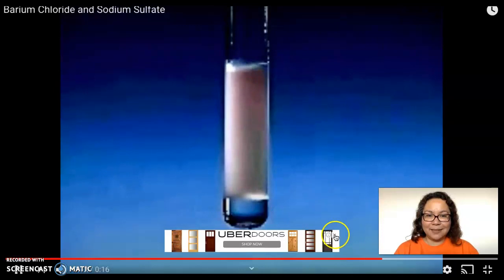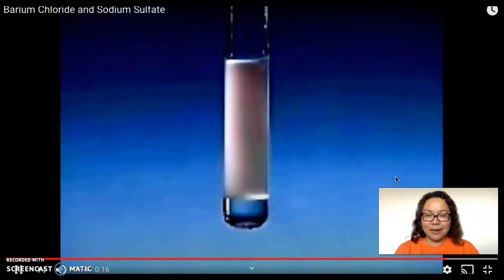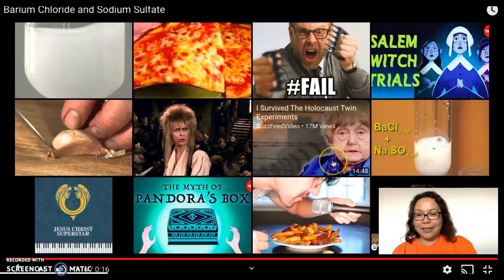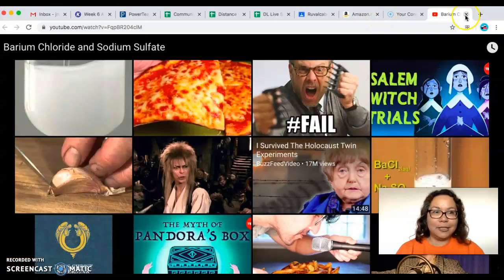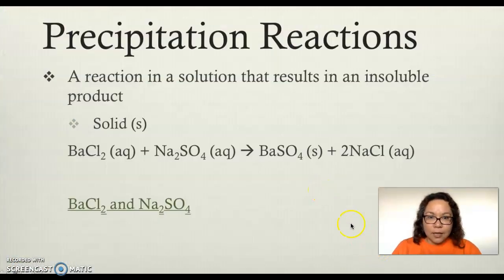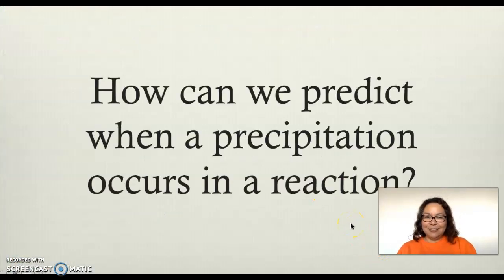All right, you see all that? You see all of that white stuff there? That is the insoluble solid, the barium sulfate.